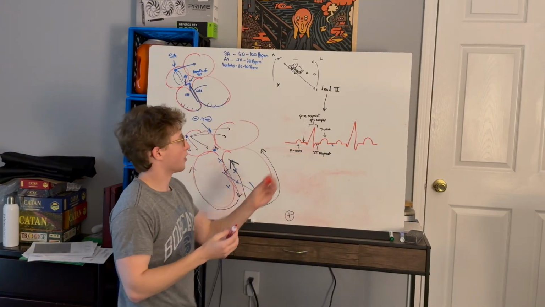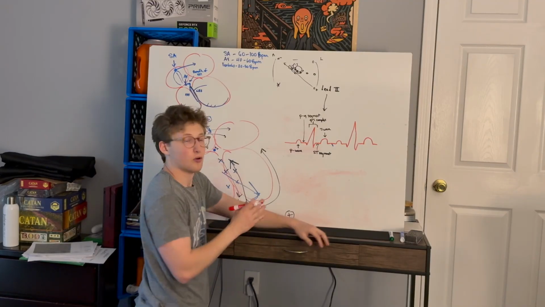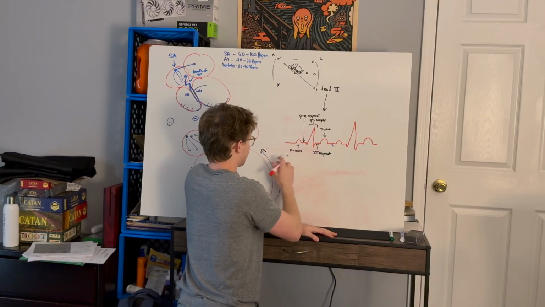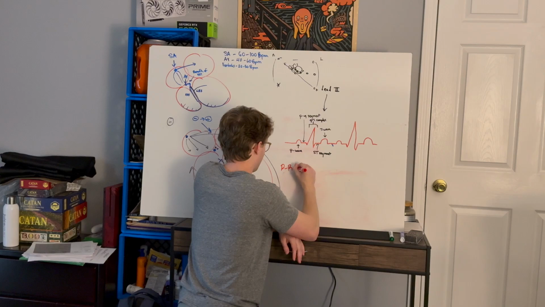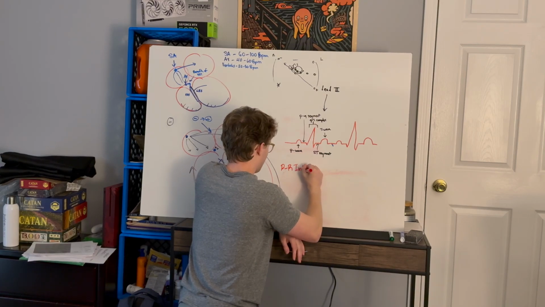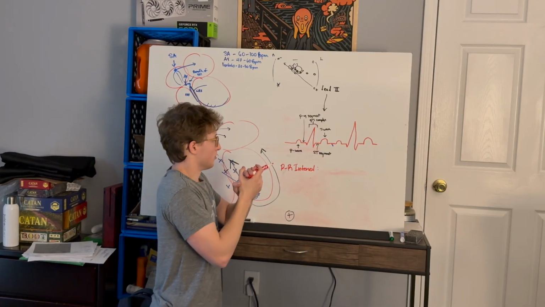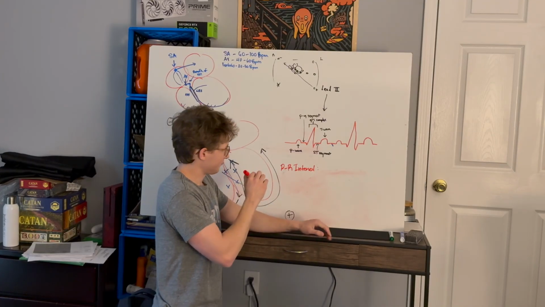Okay, now what about all of these waveforms? What is the normal timing we should see? Really important ones to know. PR interval. PR interval is the first very important one to know.